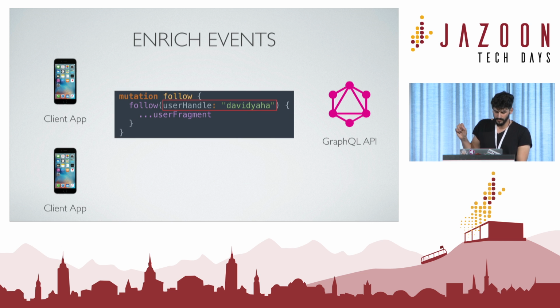But looking again at the mutation, the client hasn't really sent much data for the event to contain. Basically, it only sent the user handle to follow, and because the user is logged in, there is also the user ID or the user object on the GraphQL context, but that's it.